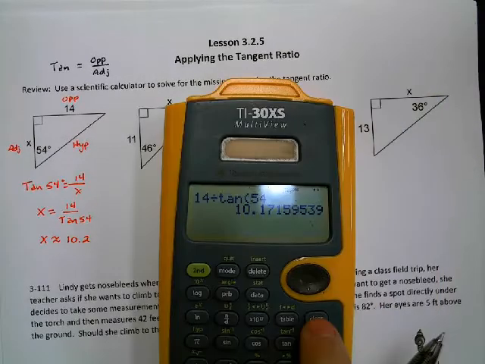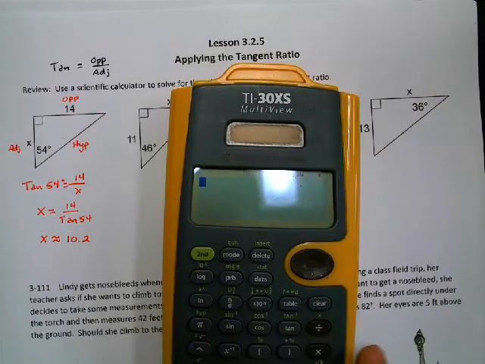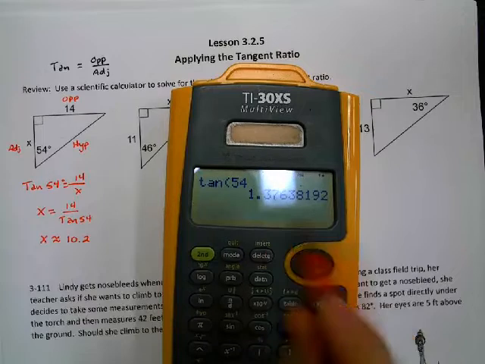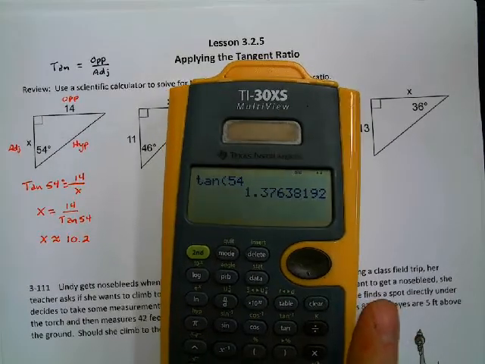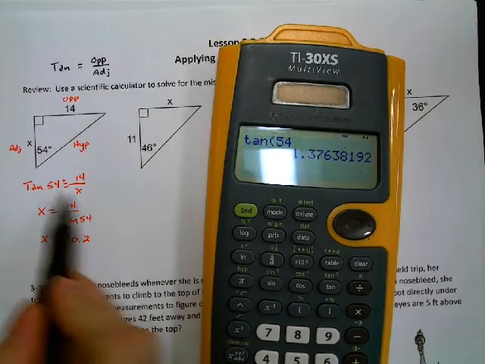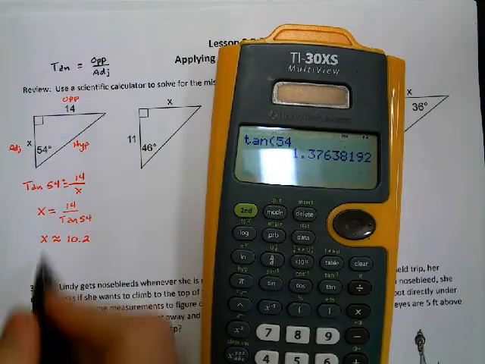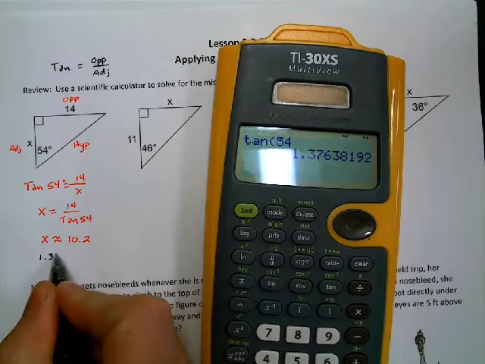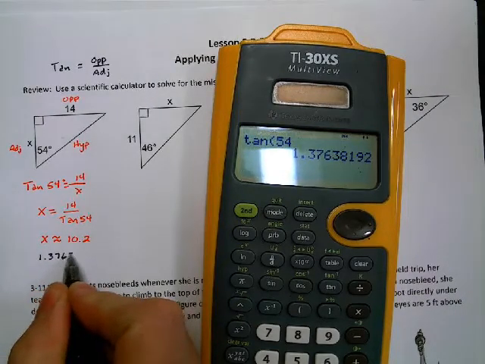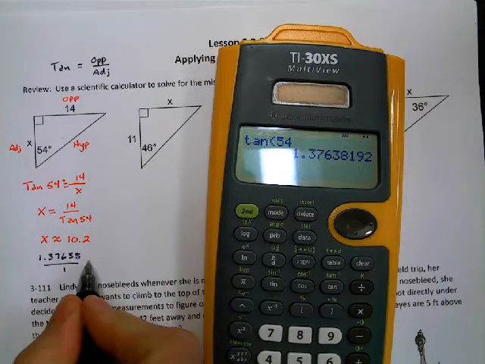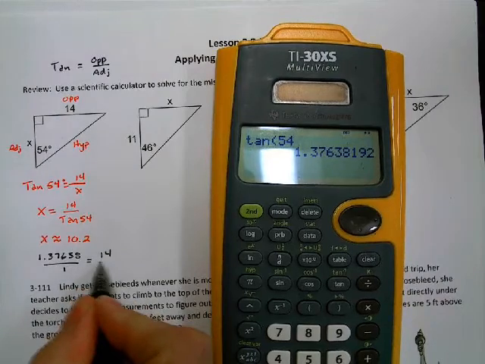Now remember what you could have done instead to solve this, if you really like how we were doing it before with those ratios. We can find out that the tangent of 54 is 1.376381922. And if exchanging the extremes freaks you out, you could just do 1.37638 whatever over 1. So that's the tangent of 54, and that's equal to 14 over x.